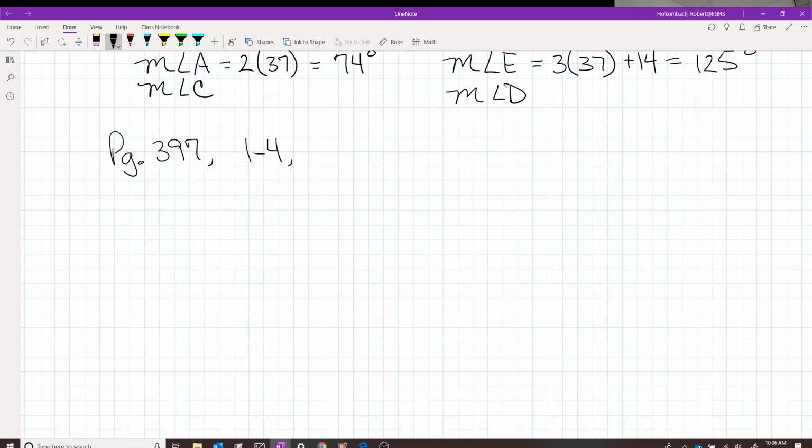Then over on the next page, 12 through 19. And then why don't you try 54 through 57?